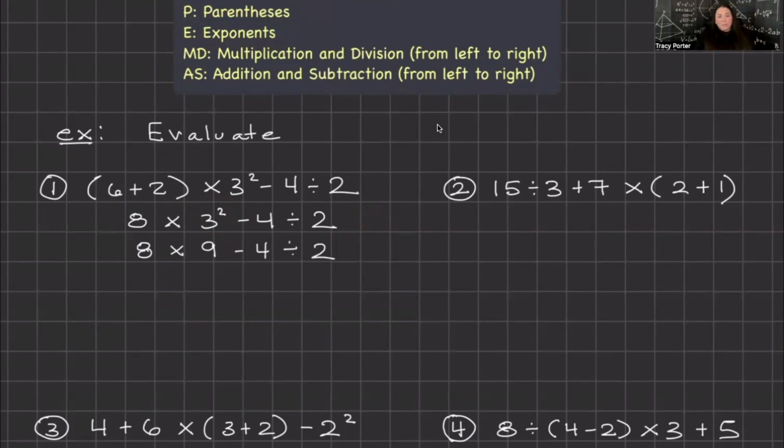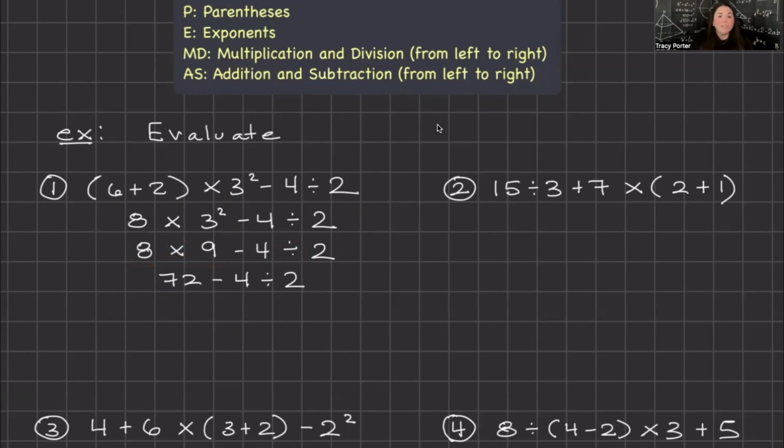Okay, so it didn't really get too much smaller there, but it eventually will end up down to just one number. Now we ask, do we have any multiplication or division? And we do. We have this one and we have this one. We're going to work left to right. Since this is the first one that we see, we're going to replace 8 times 9 with 72. And then I'm just going to rewrite the other terms.